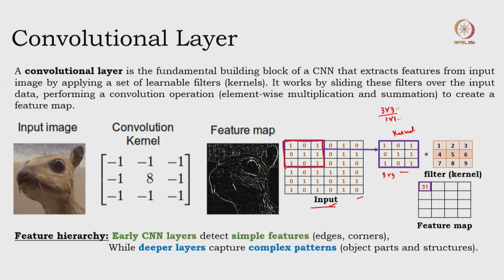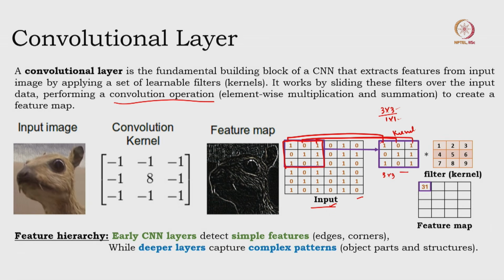So, now we will apply this, and next, what is that operation we are going to do? We are going to perform a convolution operation. What is a convolution operation? It is element wise multiplication. 1 gets multiplied with this 1, 0 gets multiplied with this 0, 1 gets multiplied with this 1. So it is an element wise multiplication.